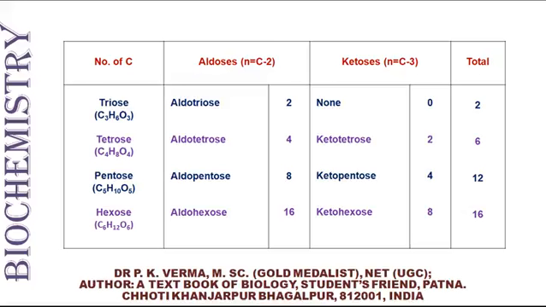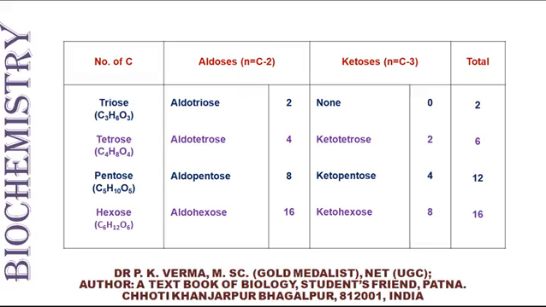In the ketotetrose there is one asymmetric carbon, ketopentose has two asymmetric carbons, ketohexose has three asymmetric carbons, and therefore the tetroses have two types, pentoses have four types, hexoses have 8 types.